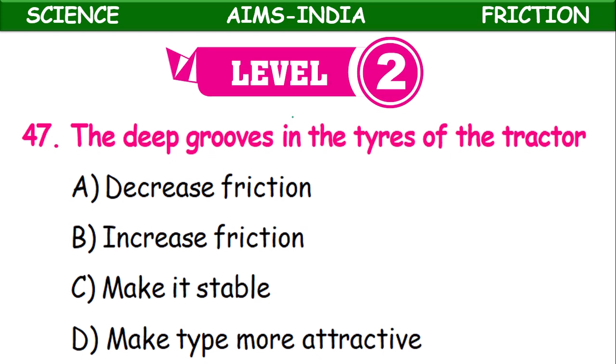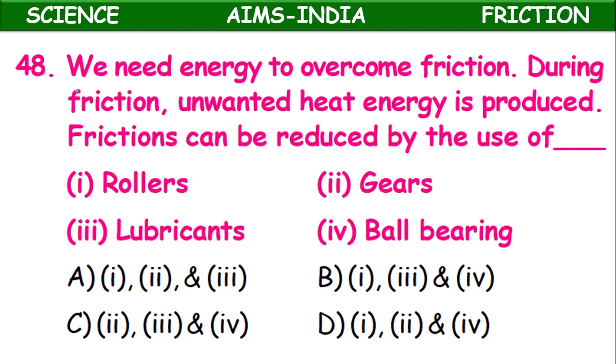Next, level 2 question, children. The deep grooves in the tyres of a tractor increase the friction, like spikes on shoes increase the friction. So we need energy to overcome friction. During friction, unwanted heat energy is produced.